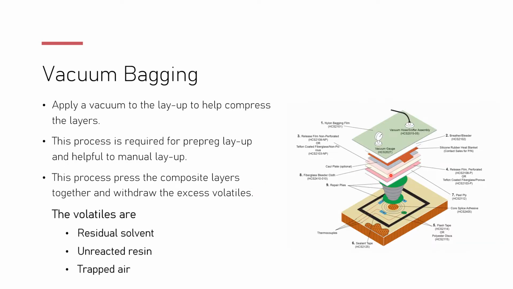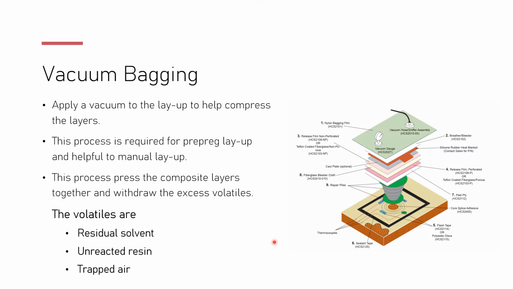Vacuum bagging: you apply the vacuum to the layup to help compress the layers, so it goes faster. The process is required for prepreg fabric layup and is helpful for manual layup. This is just an exaggerated cartoon diagram so you can see what we do here with the vacuum.